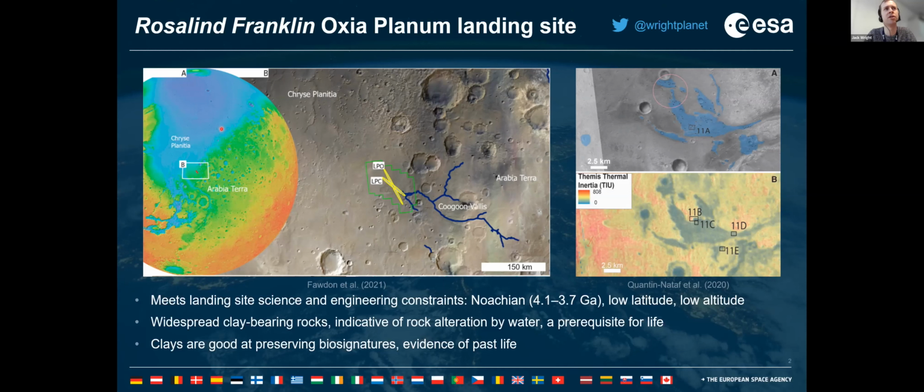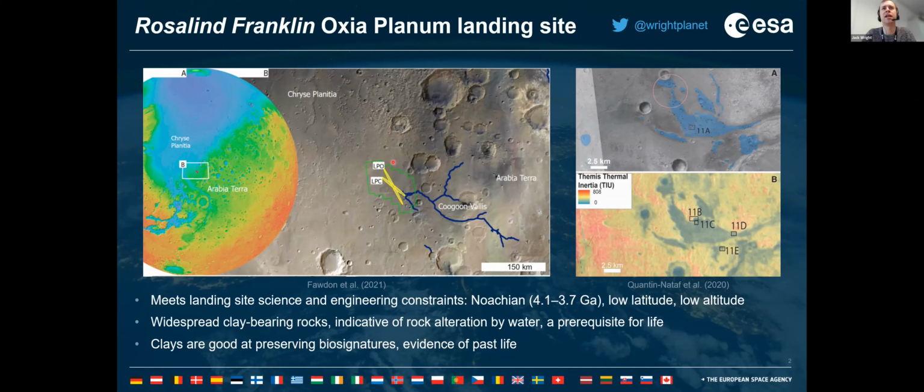Cold colors are low elevation and hot colors are high elevation. And Arabia Terra is set at this sort of middle elevation, which means there's a greater depth of atmosphere for the rover to descend through, which means its parachutes are able to work. So this is a place that meets the engineering constraints, but also has that ancient terrain that conceivably could have preserved life from ancient Mars.